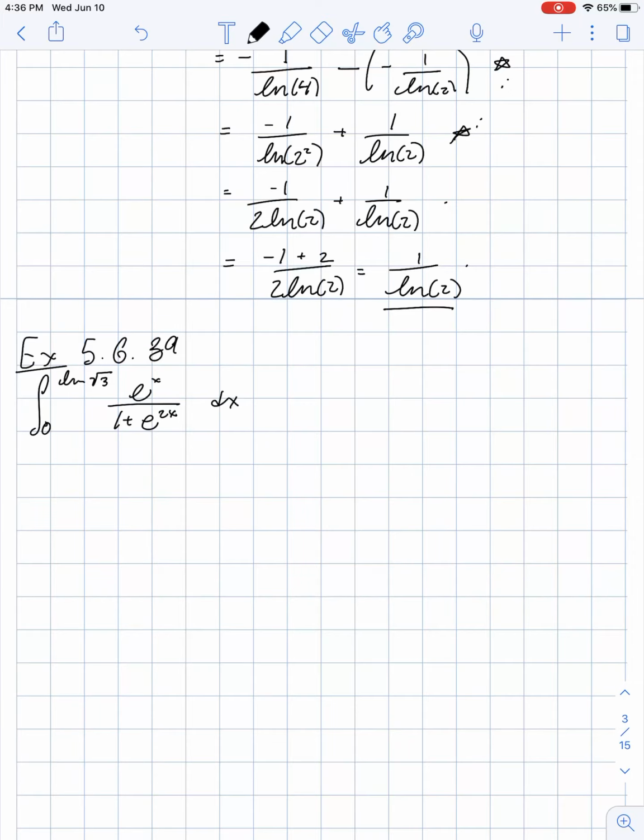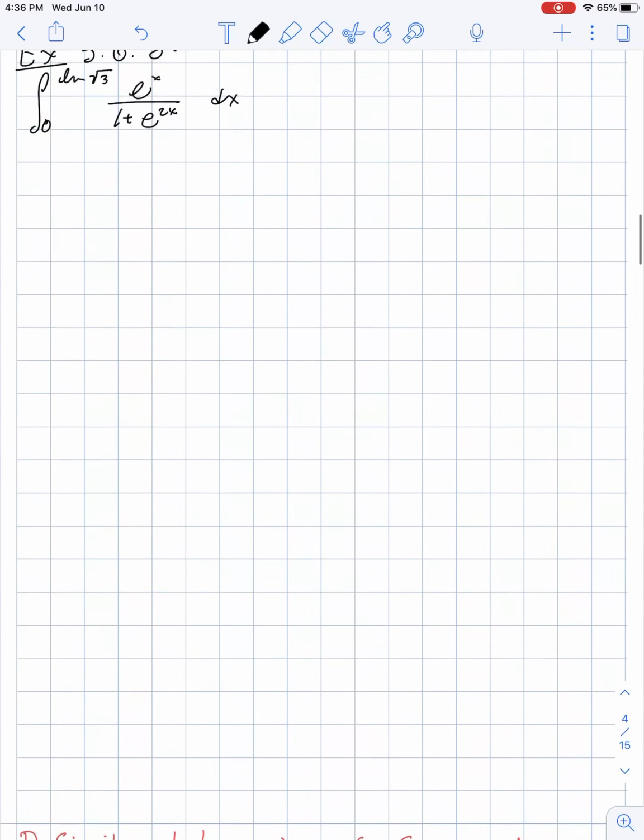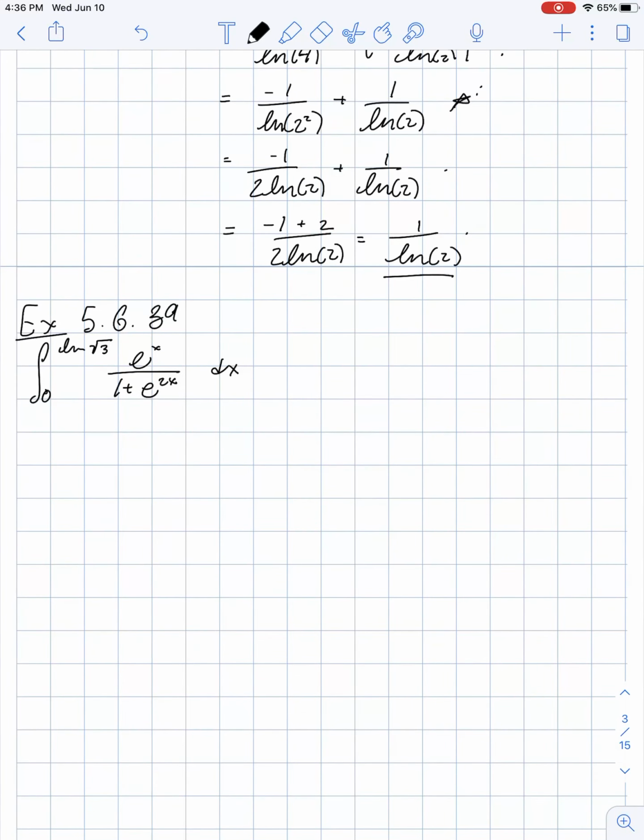I think I might have enough space to do both methods. Let's try it. Alrighty, so this is also one of my favorite problems. Let's just look at u before we even decide which method we want.